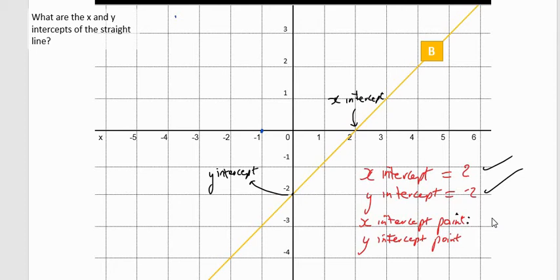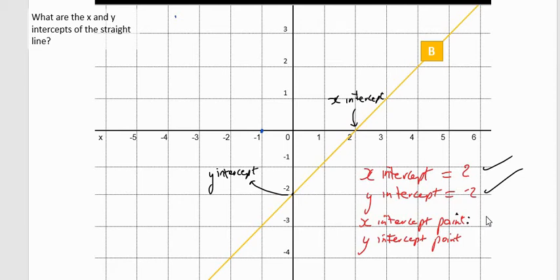Looking at a point, remember we said you're standing at a particular point. And you have an x location and a y location. So that's the thing we're looking for. Every point has 2 coordinates. So when you see the request for the coordinates of the x-intercept point or the y-intercept point, we're looking for the x coordinate and the y coordinate.